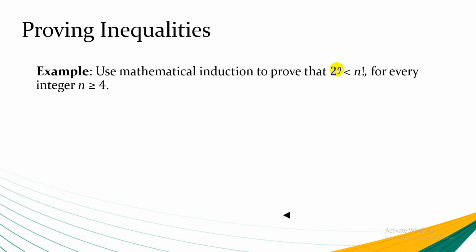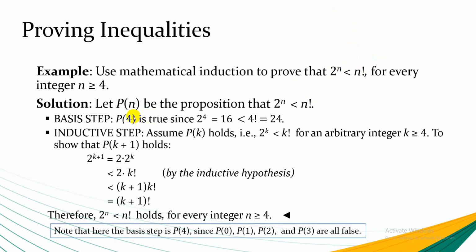Why? Because 2 to the power 4 is equal to 16, and 4 factorial is 4 times 3, which is 12, times 2, which is 24. So 16 is less than 24, and the base case is true.